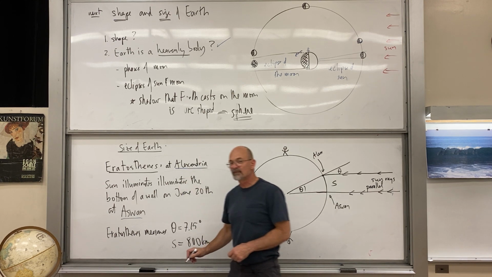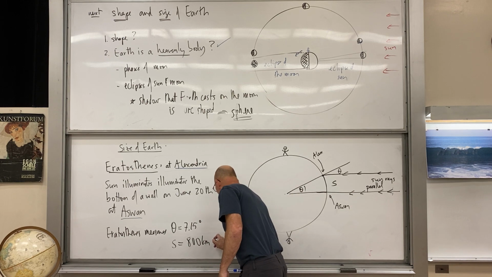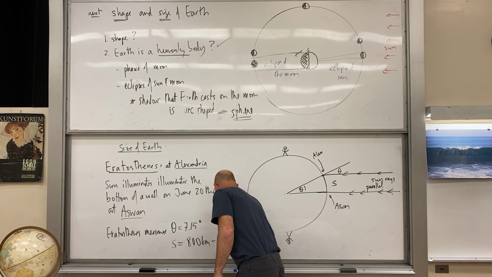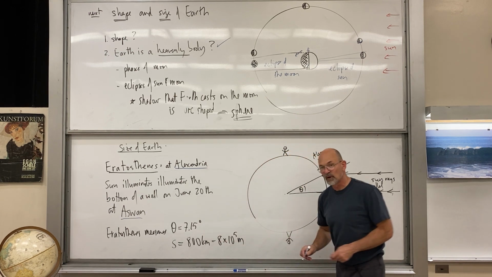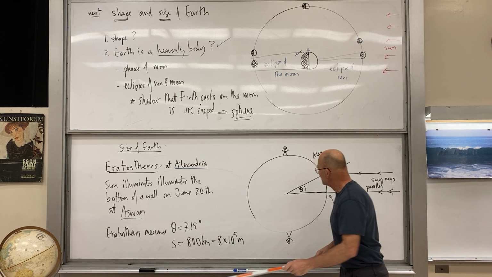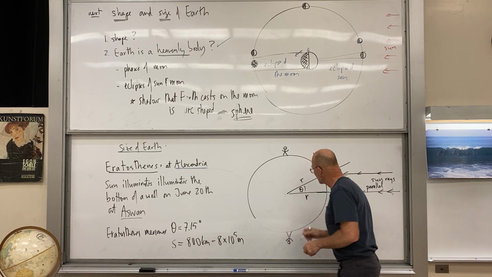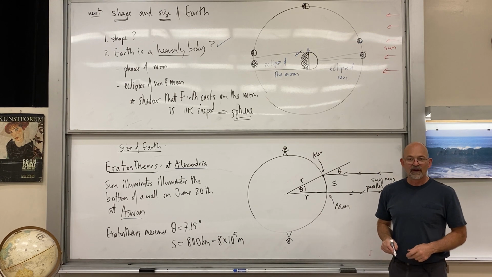They must have used a different measurement back then. You can look that up, but we're going to say 800 kilometers, which is equal to 8 times 10 to the 5 meters if you want to put it in scientific notation. Okay. Well, and I'll label the radius of Earth as R here and here, and we're ready to discover the size of the Earth.